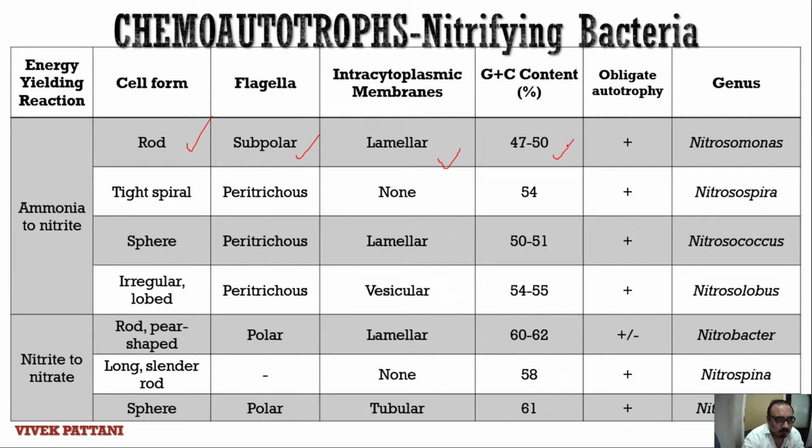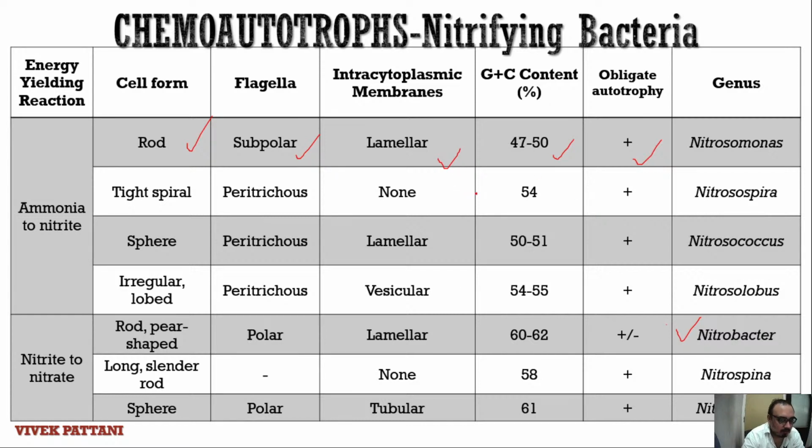GC content is for their identification. They are obligate autotrophs. Almost all of them are obligate autotrophs except Nitrobacter, which are not obligate autotrophs. Nitrosomonas, Nitrosospira, and Nitrosococcus are ammonia oxidizers. Nitrobacter, Nitrospina, and Nitrococcus are nitrite oxidizers.